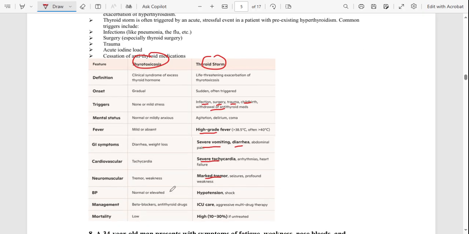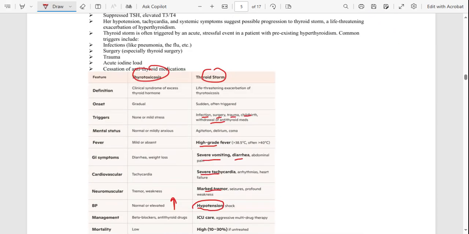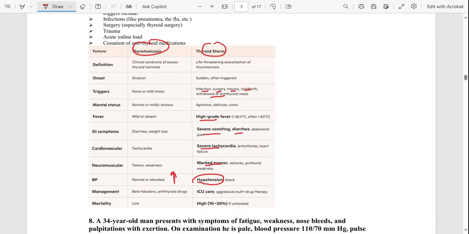The BP in thyrotoxicosis is usually elevated because the thyroid hormone increases the basal metabolic rate. But in thyroid storm, it will progress. Instead of being elevated, someone is going to end up going into shock, so they become hypotensive. And that's what we can even see from this question. The BP is 90 over 60. That's low.